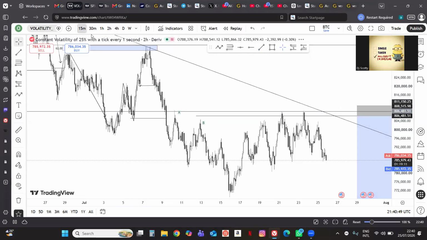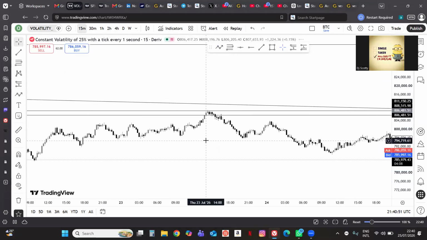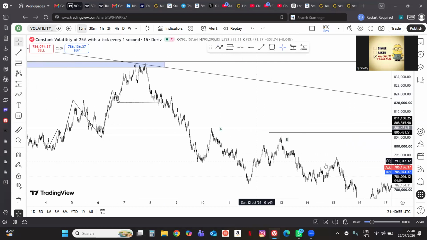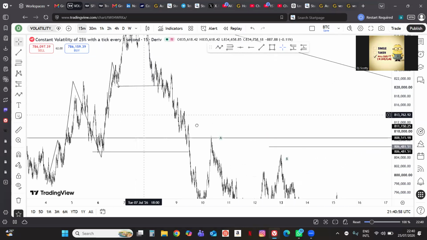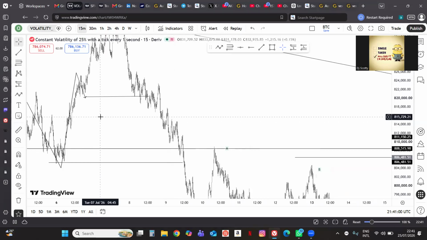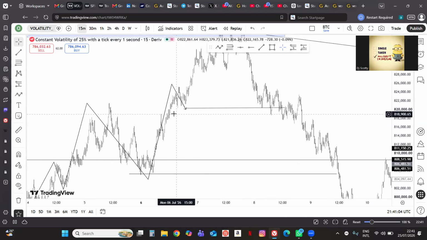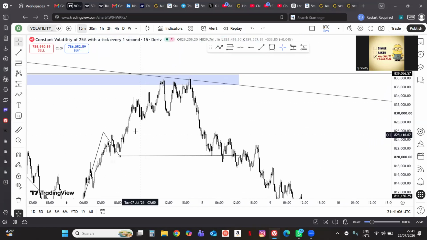Let's see if you can see something on a lower time frame for that zone. Sorry, hold on. One, two. So there's no break of structure here.